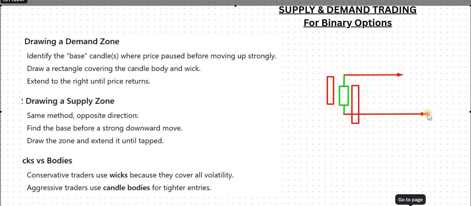You do the same thing for an uptrend and a downtrend. Now, when price comes inside here, then you know you can act, and that is what we'll be going on to next. So I've taught you how you can use the wicks to draw the zone properly.